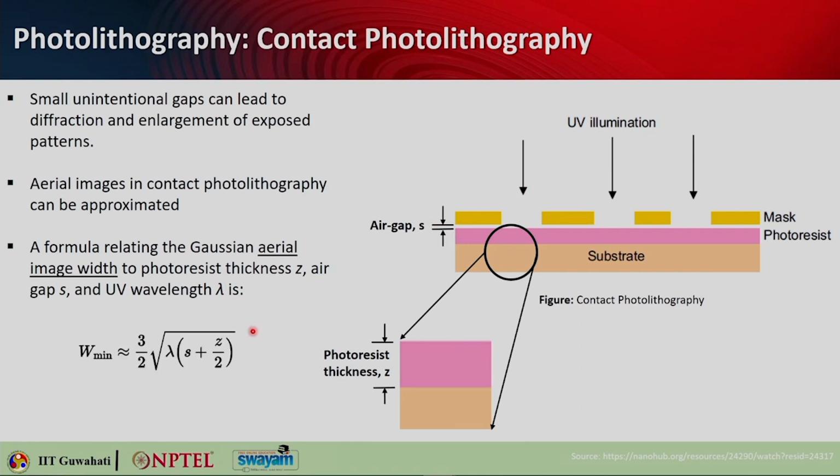You can find the width of the aerial image of the pattern you have developed. W min will typically be 3 by 2 square root of lambda (S plus Z by 2). That gives you a formula relating the Gaussian aerial image width to the air gap and also the photoresist thickness.